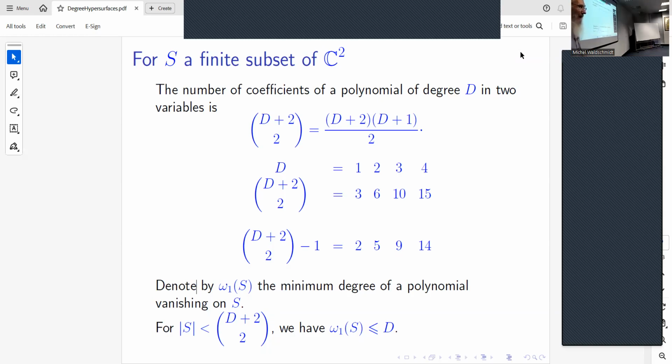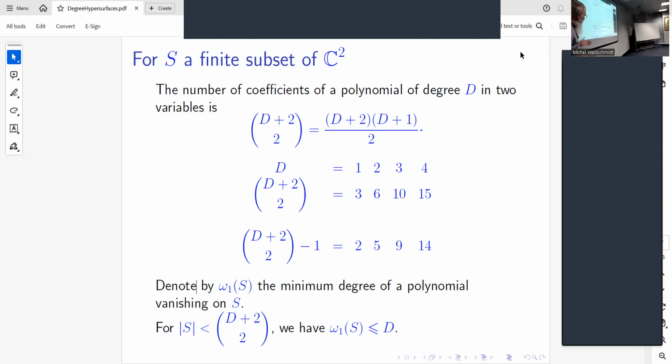And now I will be interested, when you have a finite set of points S, in the smallest degree of a hypersurface which goes through these points. Or if you prefer, the minimum degree of a polynomial which vanishes on S. From linear algebra, what I told you is that if the number of points in S is less than the number of coefficients, then this degree, the minimum degree, is bounded by d.